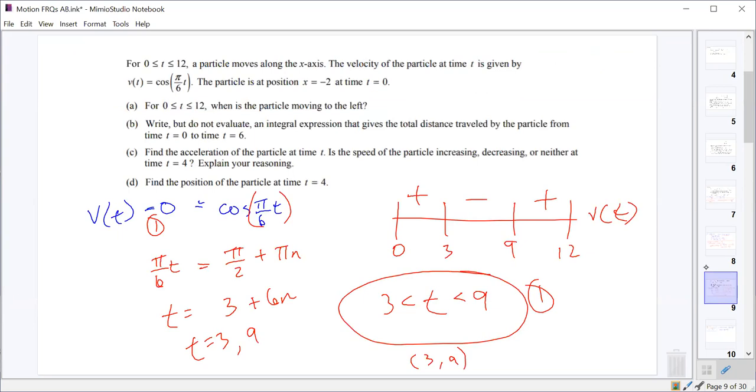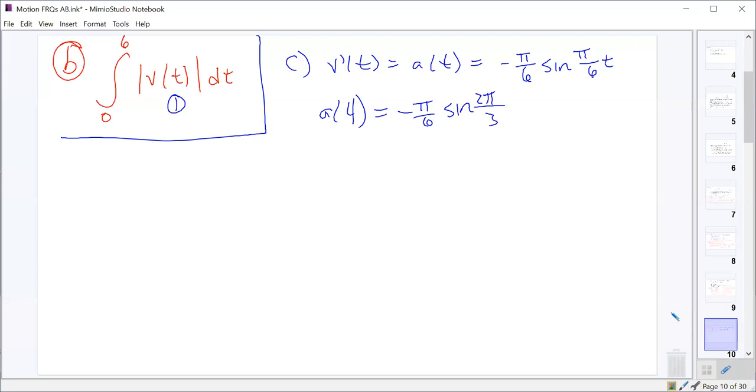And we actually find that value, I think it said, right? No, it didn't. Yeah, okay. We didn't need to find it at 4. We just needed to find it at 4 to determine if the particle is increasing or decreasing speed. And since sine is positive at 2 pi over 3, this is negative. This is less than 0. And since we know that's less than 0, we know the acceleration is negative. And then you'd look for v of 4. And v of 4 is the cosine of 2 pi over 3.